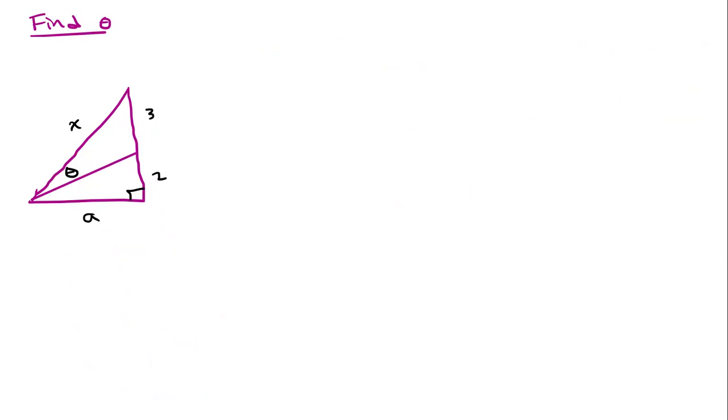Okay, so the first thing we need to do is use Pythagorean theorem. Okay, so we're going to have a squared plus b squared equals c squared. Okay, so a in this case is going to be the bottom of this triangle. All right, so as you notice, in regards to the big picture, we have a right triangle as well as the smaller triangle here is also a right triangle.